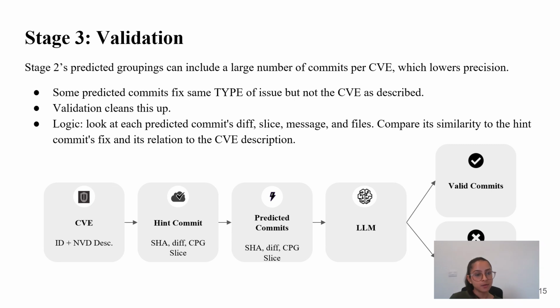And its overall logic is that the LLM will look at each predicted commit's diff, slice, message, and files, and it compares its similarity to the hint commit's fix and its relation to the CVE description to figure out if it's a valid commit that properly fixes that CVE as it's described, or if it's an invalid commit and it doesn't directly fix that CVE.